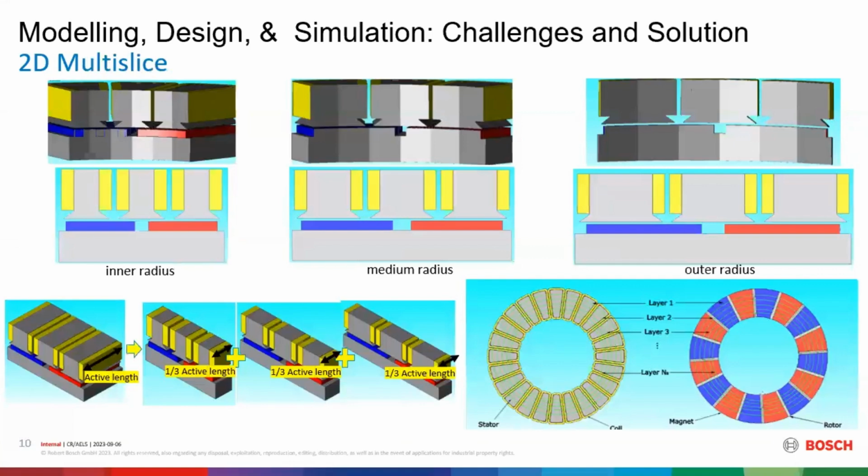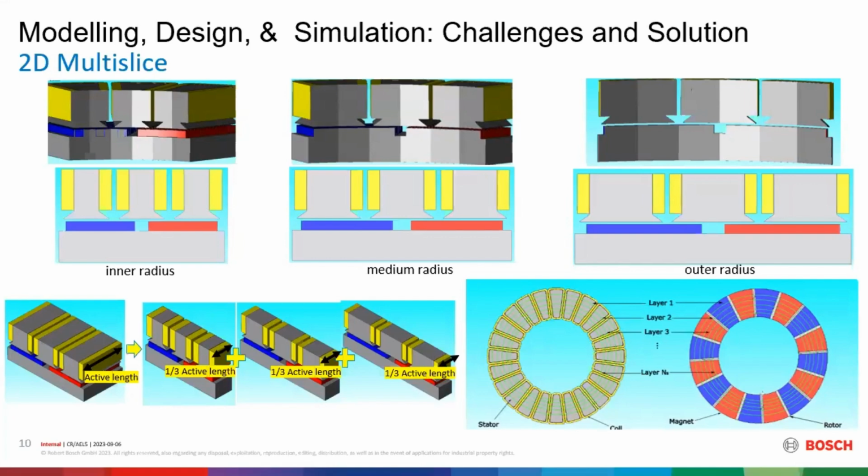And many researchers also use the so-called 2D multi-layer or multi-slice method to model axial flux machines. If we take the cut plane at inner radial, middle radial, and outer radial, then you will see 3 distinct cross-sections and their corresponding 2D models.